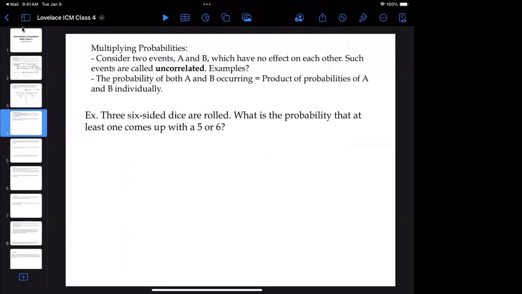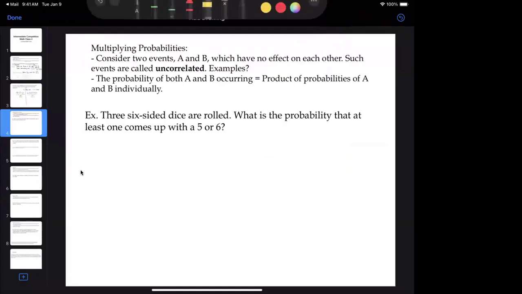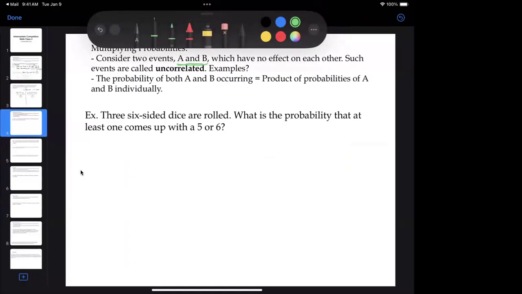All right, so next, multiplying probabilities. As I've mentioned before, if two events are independent, we can also call them uncorrelated. To calculate the probability of both of two uncorrelated events happening, we multiply their probabilities together.